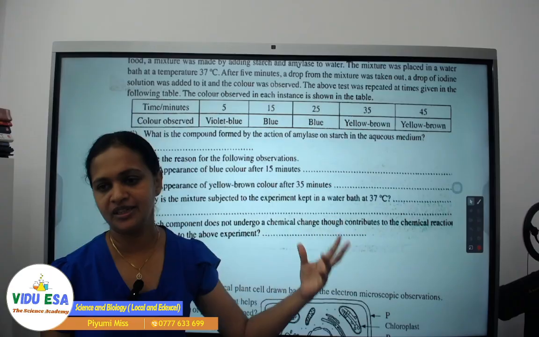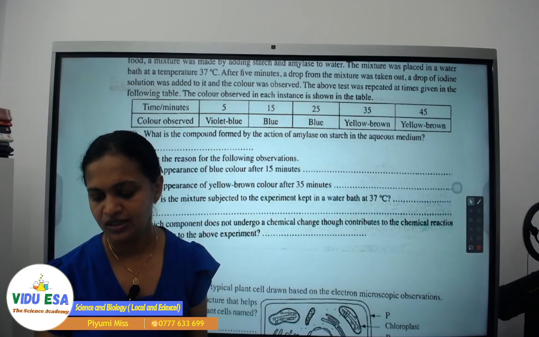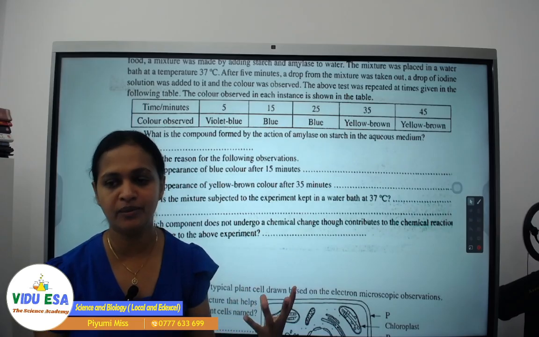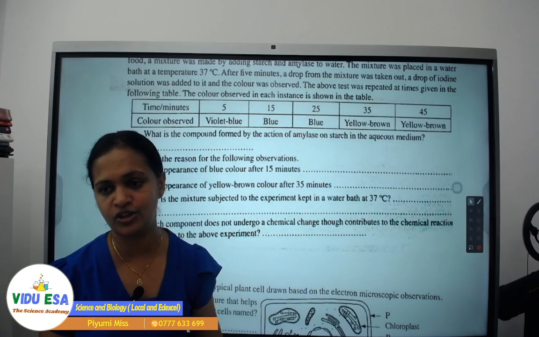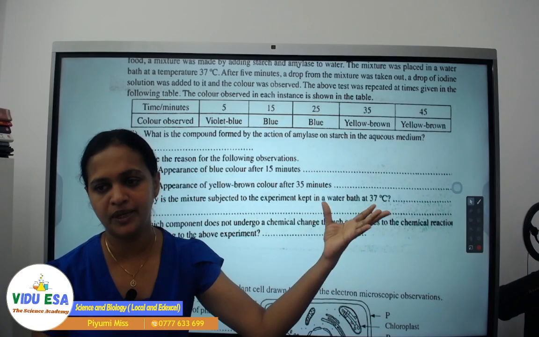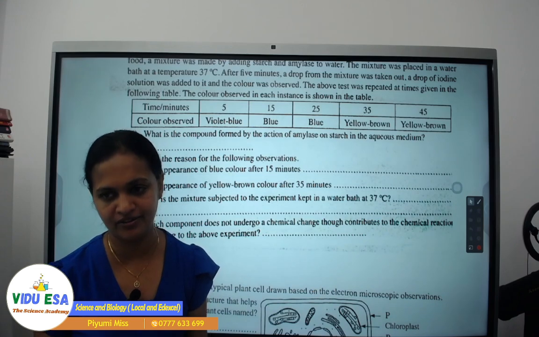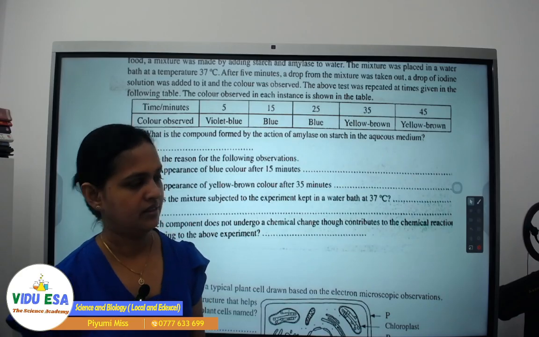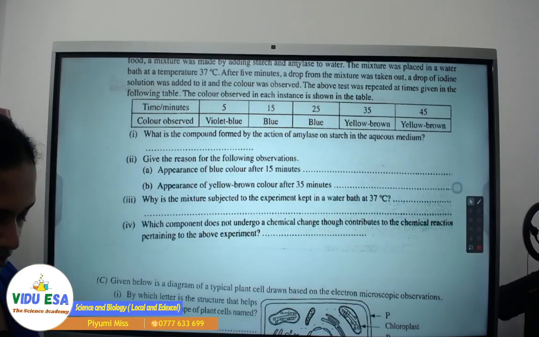Maximum enzymatic activity is obtained at this temperature. This optimum temperature increases the rate of the reaction. To provide the optimum temperature for the enzyme activity. For that you get 1 mark.